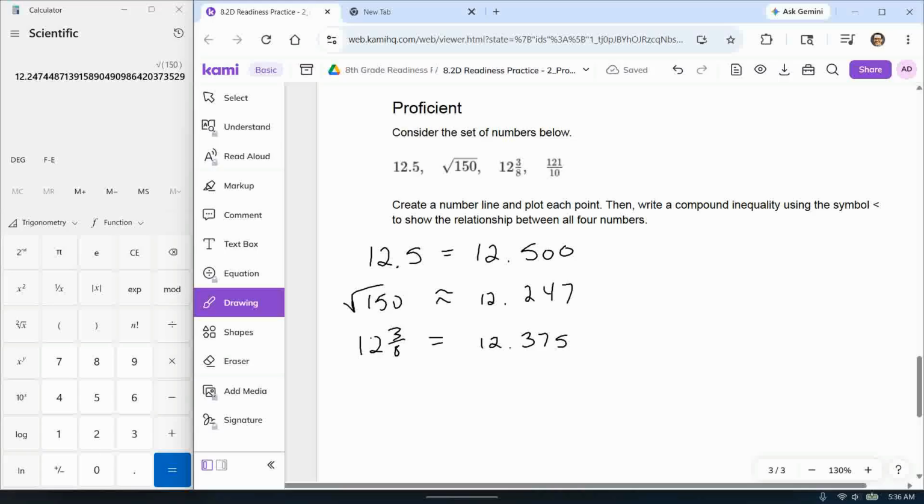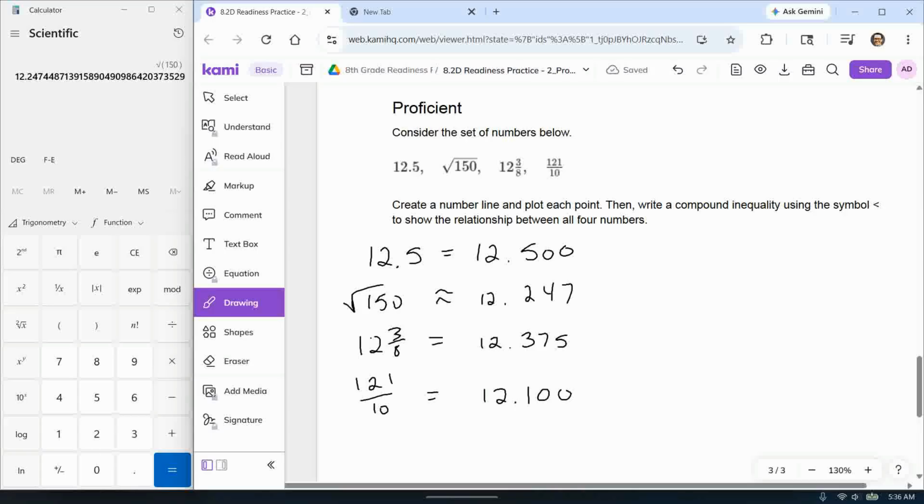You can check me on the calculator if you don't believe me. And 121 over 10, we can also do this without the calculator. When you divide by 10, you're just moving the decimal over one time. So it's 121 with the decimal moved once, so it's 12.1. Because we have a base 10 system, we can add 2 zeros.